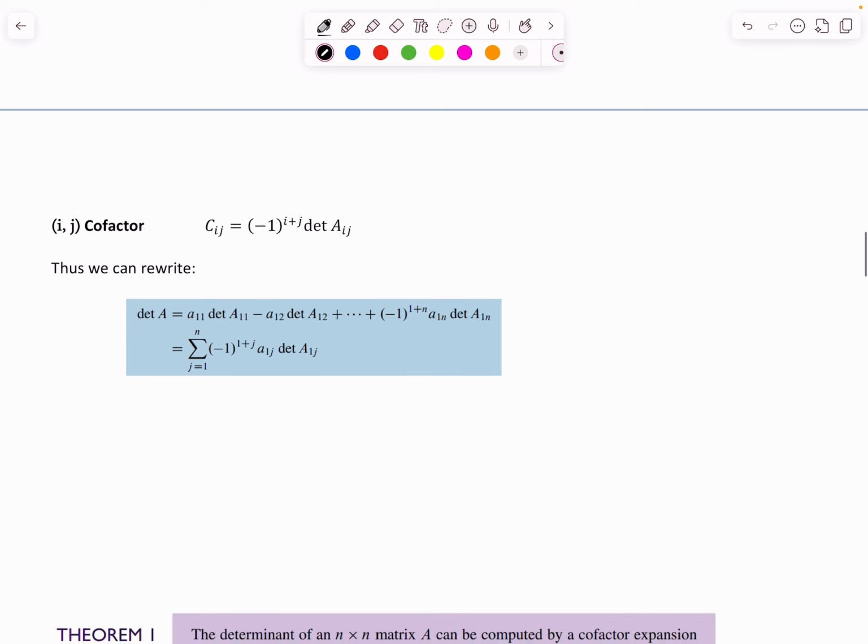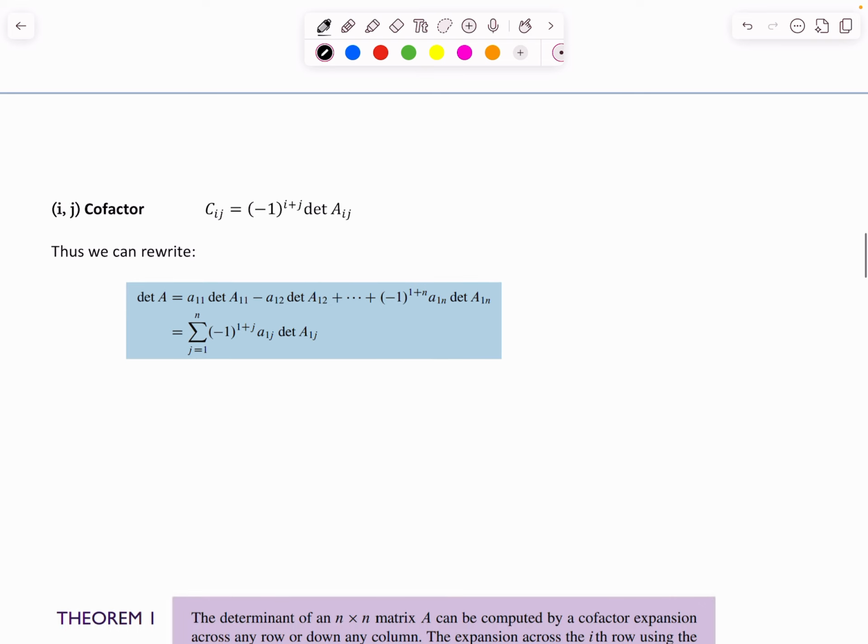So now here's another definition, and this is this thing called cofactor. And all this is if we take minus 1 to the ij, and then determinant of that submatrix ij. So notice in the definition for determinant, the cj are these two pieces right here.